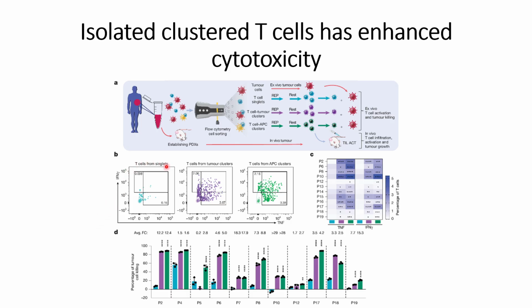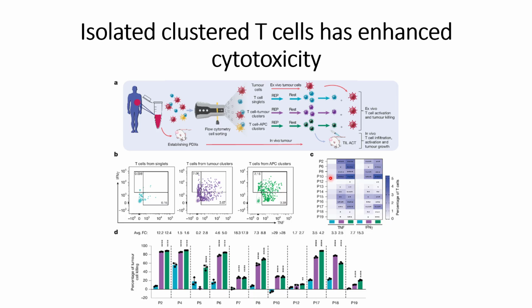They were able to see that the T cells from the singlets have very low activation or very low secretion of those cytokines, whereas the T cells from the clustered tumors have very high activation of these cytokines, both IFN gamma and TNF, and similarly high expression is seen from T cells that are isolated from APC clusters.